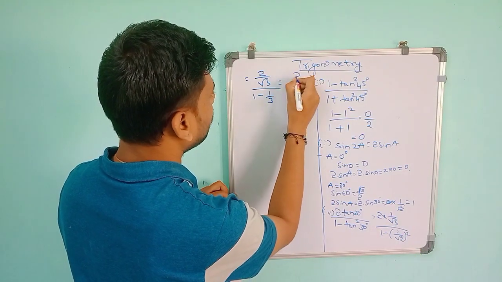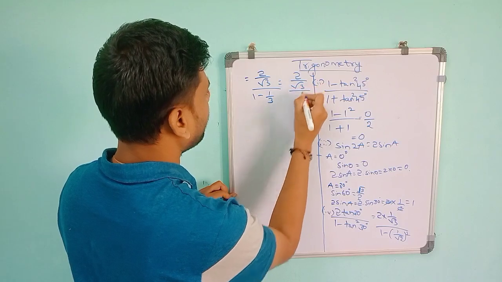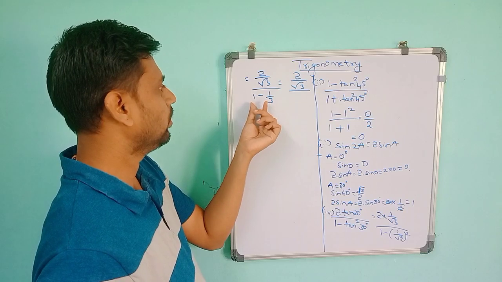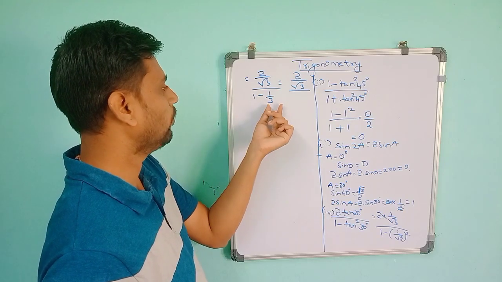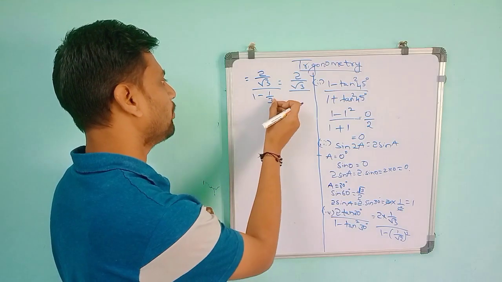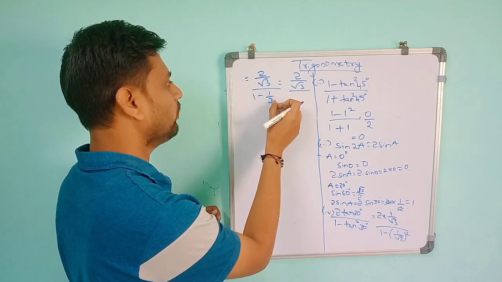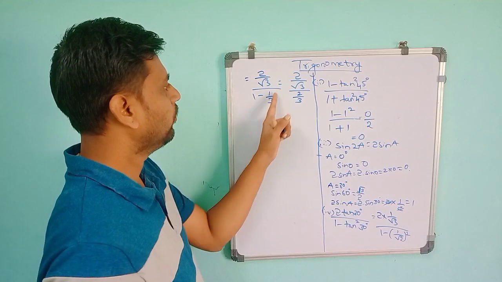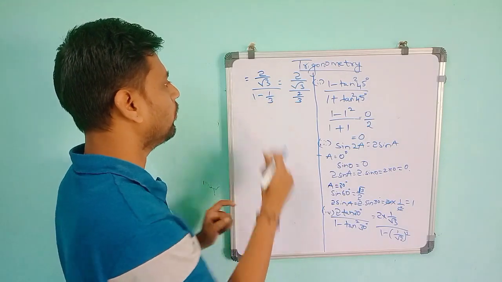So it will become 2 by root 3 divided by 1 minus 1 by 3. When there is a question like this with terms and one fraction, you have to subtract the numerator from the denominator. So 3 minus 1 is 2. LCM will be 3, and from this value you can do the simplification.